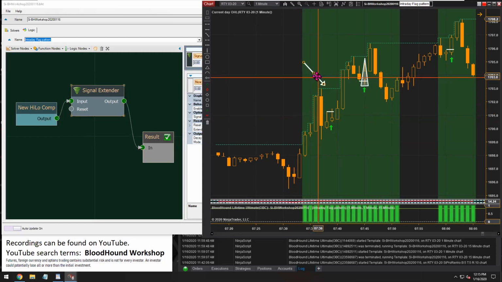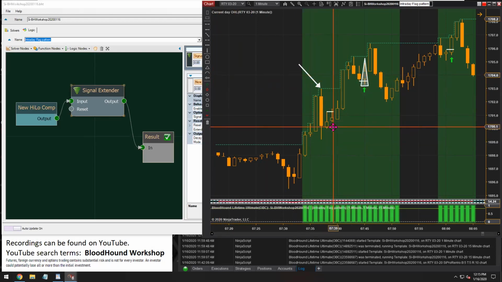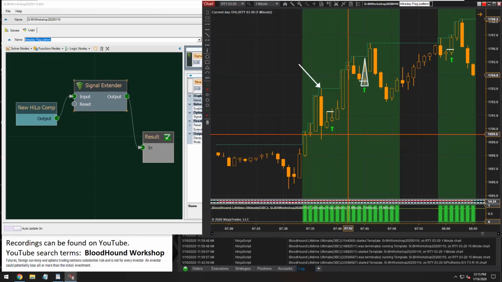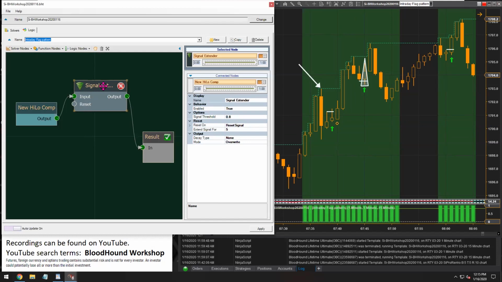Just as a precaution, when we do get this long signal, I'll take it and feed it back into the signal extender to turn the signal extender off, so that on the next bar this signal extender will be turned off.